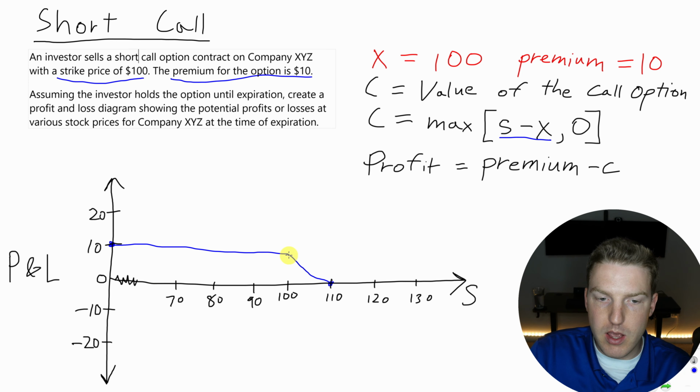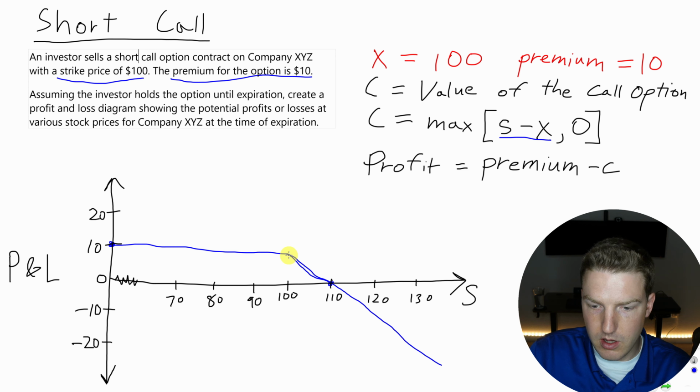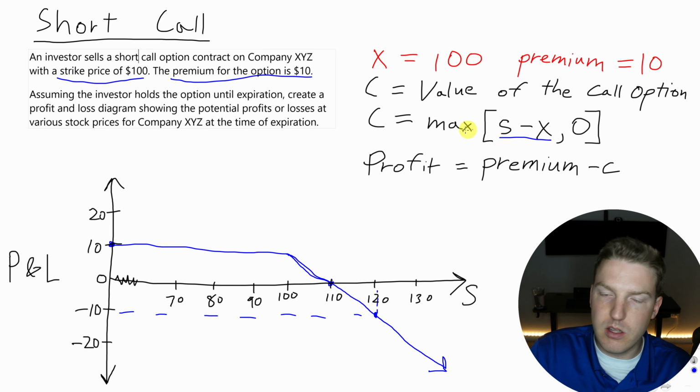However, if the price keeps going up, it's going to go like this. So once we get up to, say, 120, now we have lost $10. And the reason that we've lost $10 is because the value of the call here is going to be $20. So our profit is 10 minus 20. And so we've lost $10.